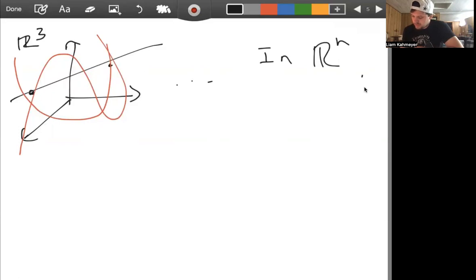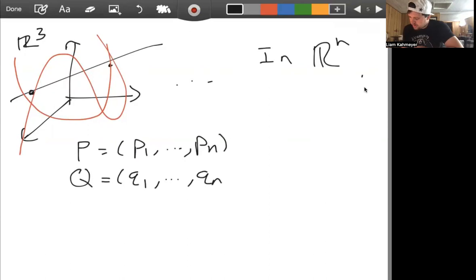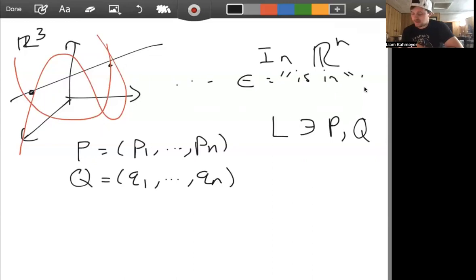So let's say P is the point P1 through Pn, and Q is the point Q1 through Qn here, right? And so we have L contains points P and Q. This backwards epsilon means is in, or is an element of.